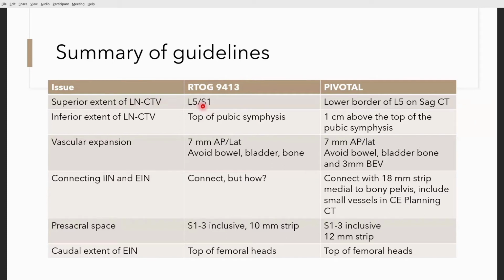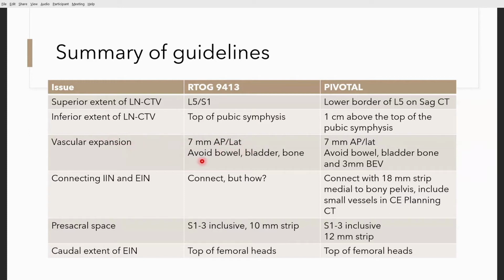But because it's difficult to say where exactly L5S1 starts, they suggest the lower border of L5 on sagittal CT. The inferior extent is 1 centimeter above the top of the symphysis pubis instead of the top of the symphysis pubis, with the usual 7 millimeter margin over the vascular structures.